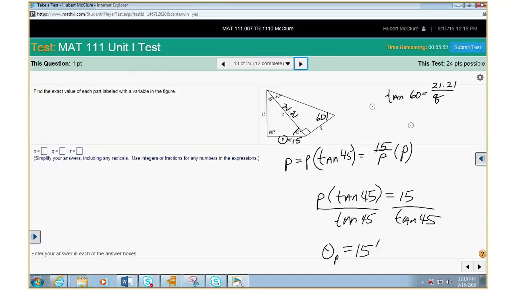Q is equal to 21.21 divided by the tangent of 60, which is what? 12.25 feet, or whatever the units are. So that's 12.25. Now take 12.25 squared and 21.21 squared, add them, and take the square root. What do you get?